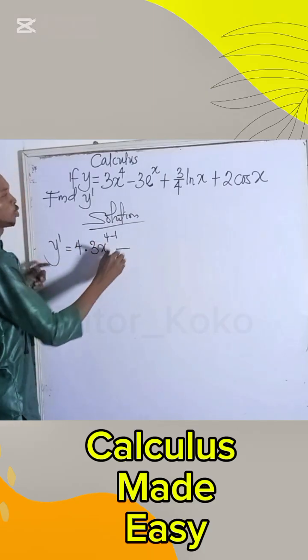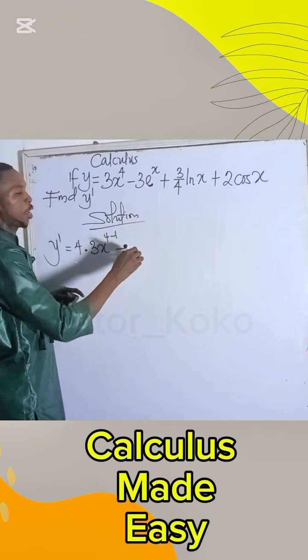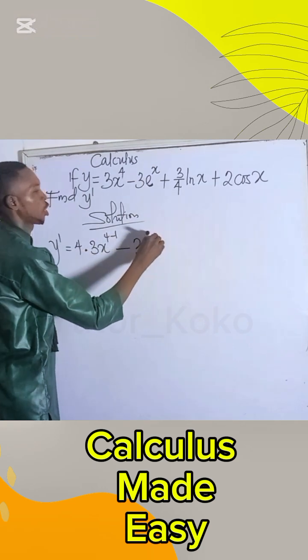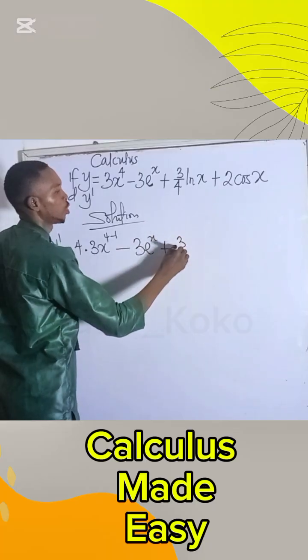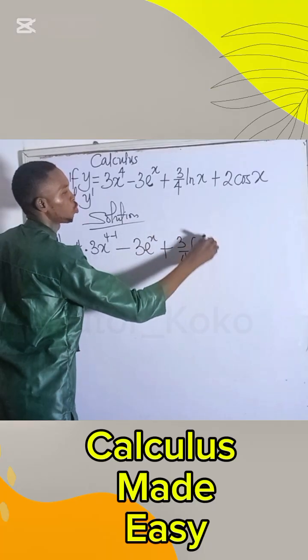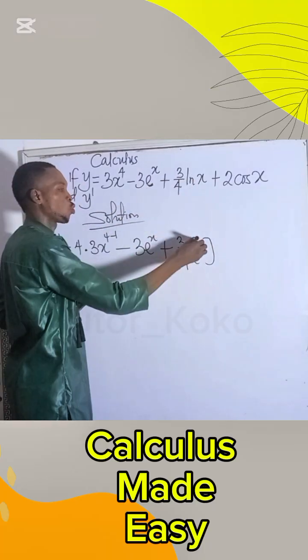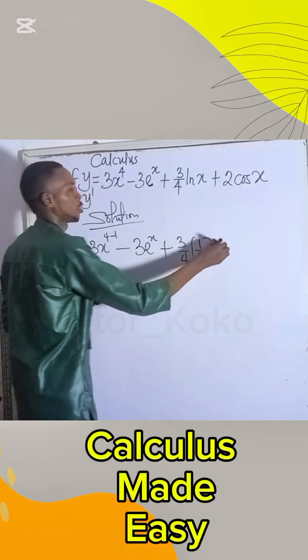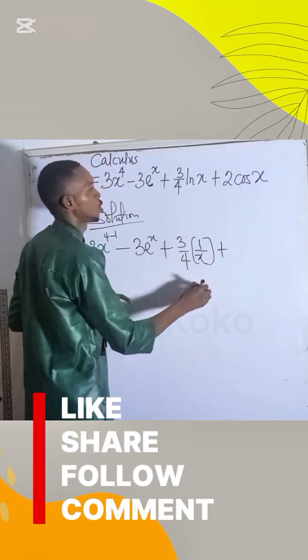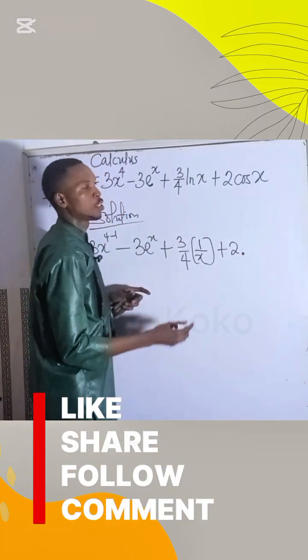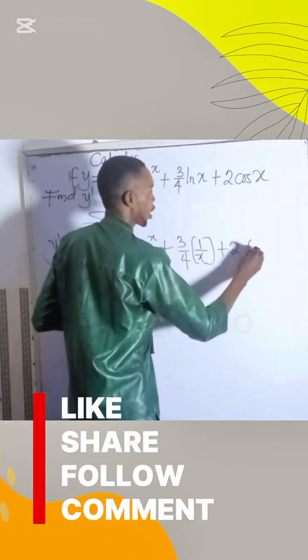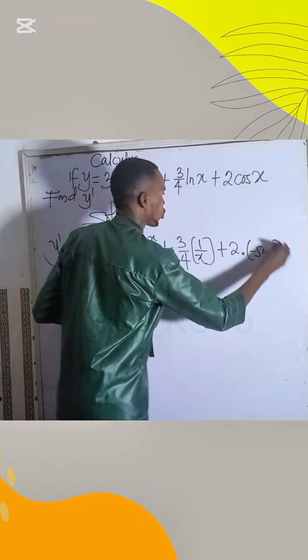Minus 3 exponential x will still give us 3 exponential x. Plus this will give 3 divided by 4 into, when you differentiate, ln x is 1 over x. Then the last one, plus, let's differentiate 2 cos x, that is 2 multiplied by, cos x is what? Minus sine x.